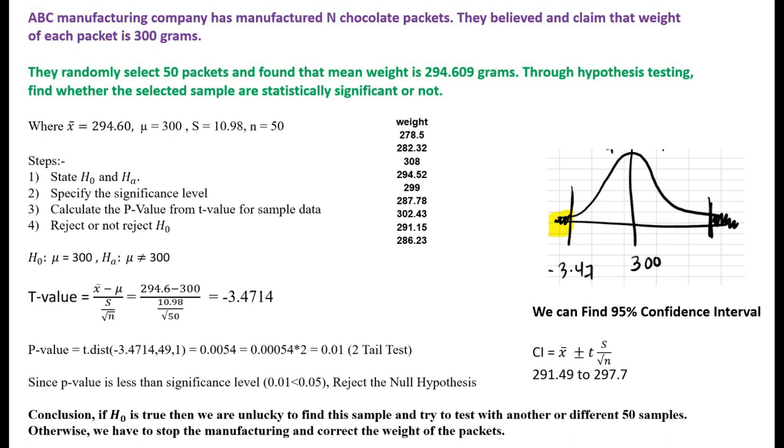This says that there is a good chance that the weights of the packets in the population are somewhere between 291.49 and 297.7, which is clearly less than their claim of 300 grams. So it means that ABC is not doing correctly when they are labeling their weights. They have to stop the manufacturing and correct the weight of the packets.